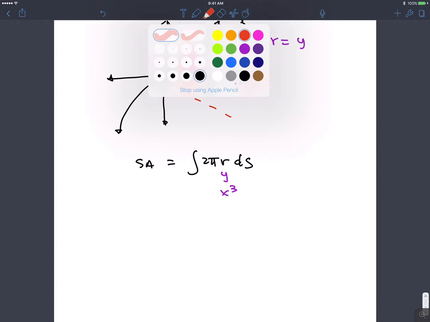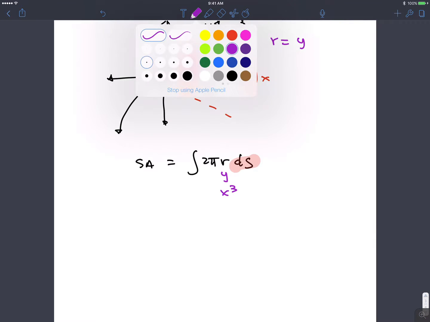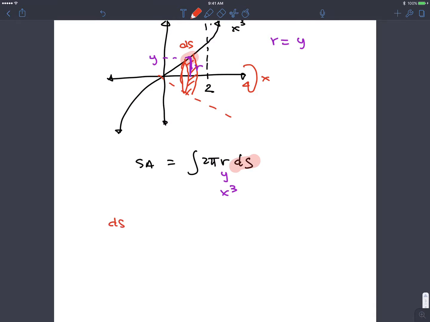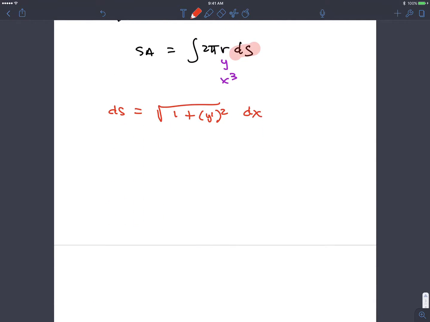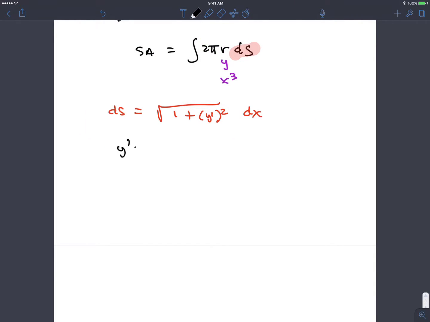Now, that tells us which ds to use. Because when I integrate and you have a function of x there, you're going to actually need the right ds. So ds here is going to be the square root of 1 plus y prime squared dx again. And so let's see what we get now. y prime will be 3x squared.